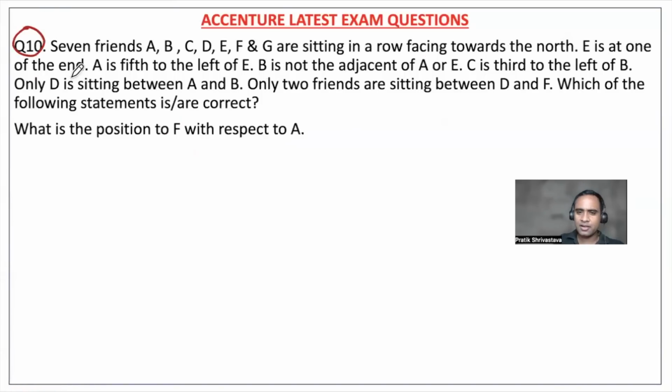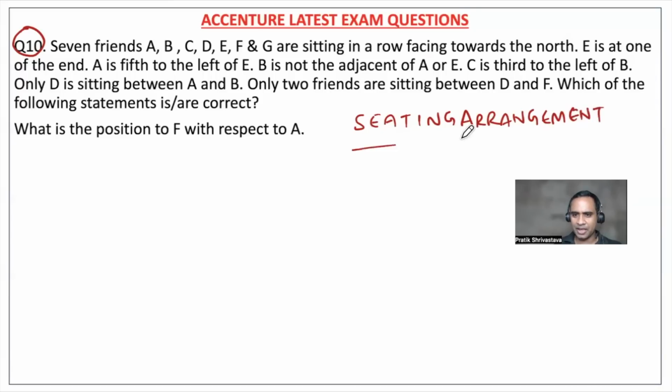Question number 10. So this is a question from sitting arrangement, right? Friends, in most of the Accenture exams, we have seen that sitting arrangement is coming in the examination, right? They are not asking circular or square sitting arrangement. 7 friends are sitting in a row.